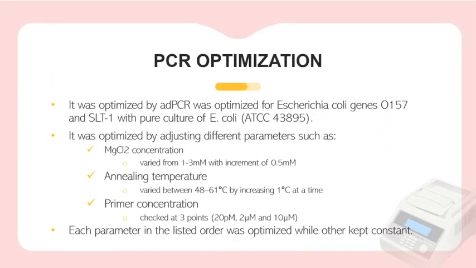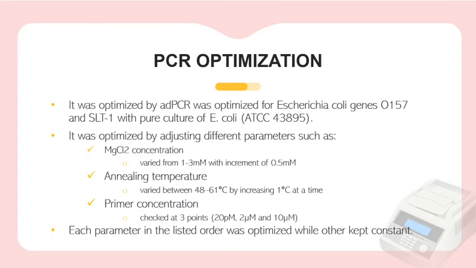Polymerase chain reaction was optimized for Escherichia coli genes O157 and SLT1 with a pure culture of E. coli. It was optimized by adjusting different parameters such as magnesium chloride concentration, which varied from 1 to 3 millimolar with increments of 0.5 millimolar.